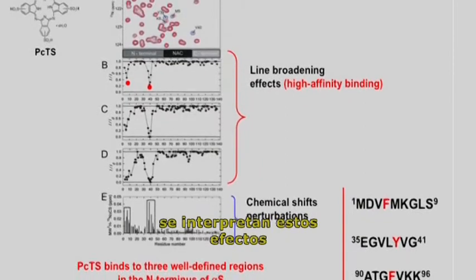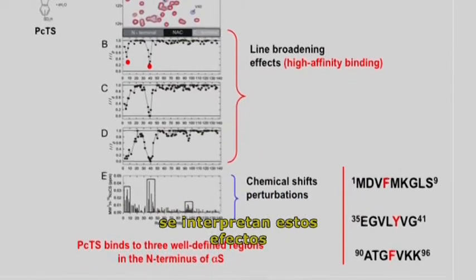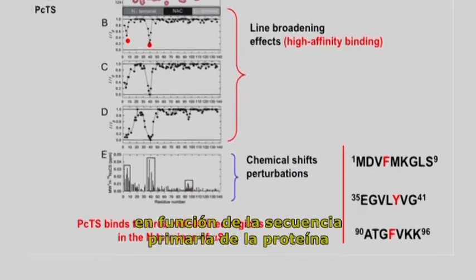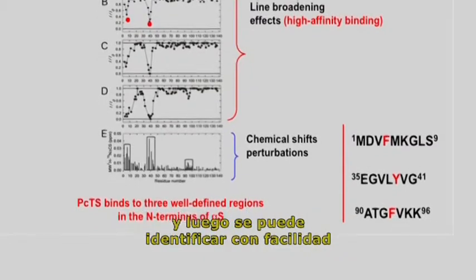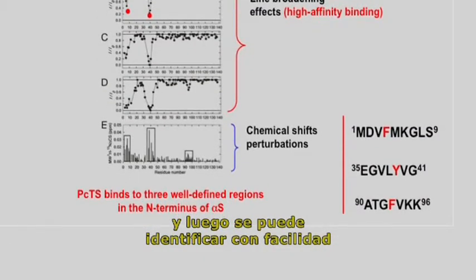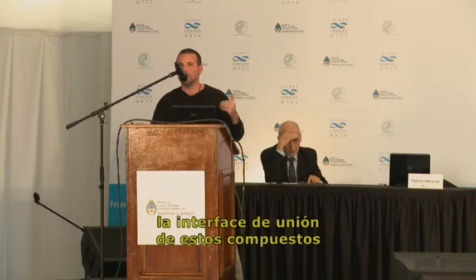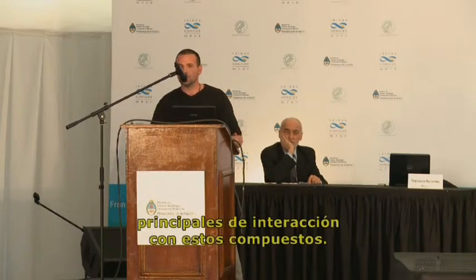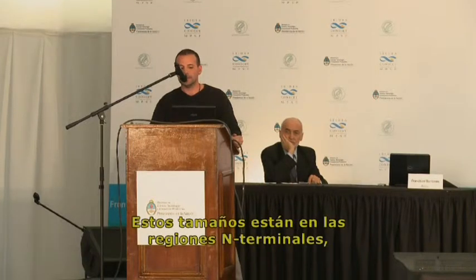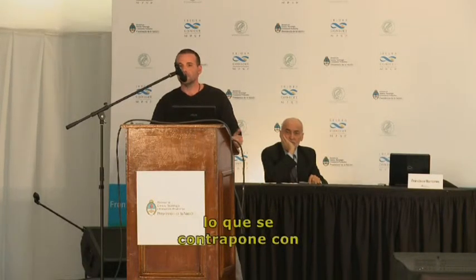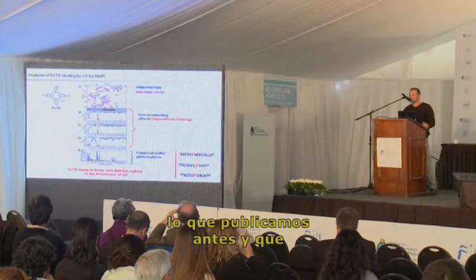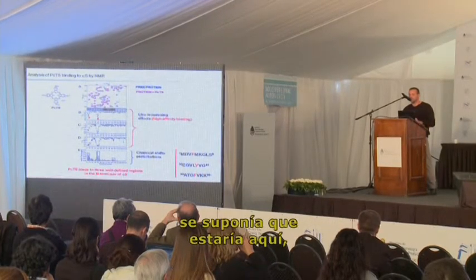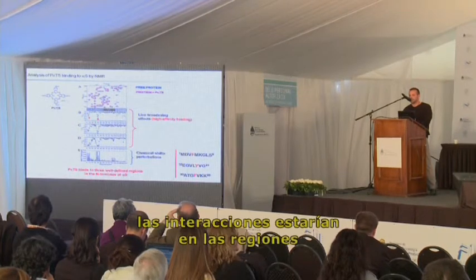In that way, if you make an interpretation of these effects as a function of the primary sequence of the protein, then you can easily identify the binding interface of this compound in the protein. And you can see here there are two main sites of interaction with this compound, and that these sites are in the N-terminal region, which is absolutely opposite, in contrast to what was published before, where the interaction was supposed to take place in the C-terminal region.